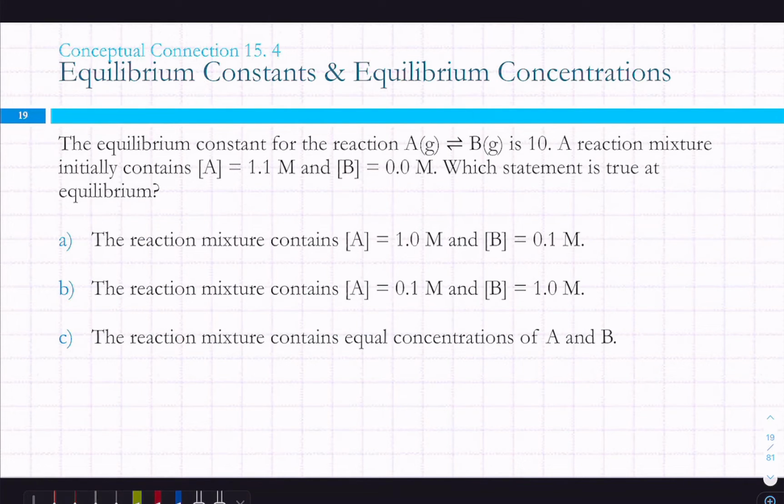The equilibrium constant for the reaction A converted to B is 10, and a reaction mixture initially contains 1.1 molar A and 0.0 molar B. Which statement is true at equilibrium?